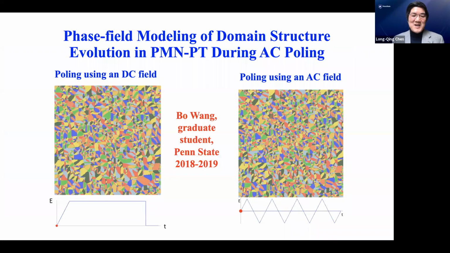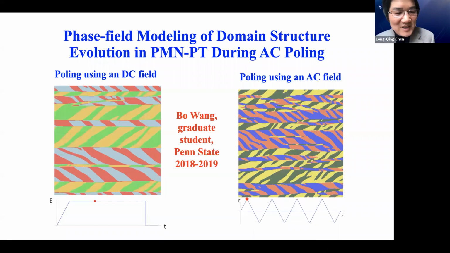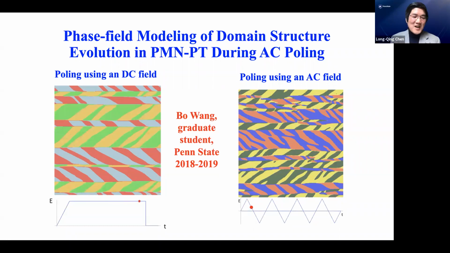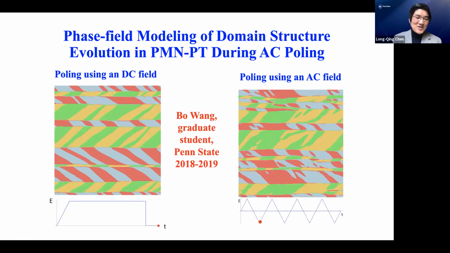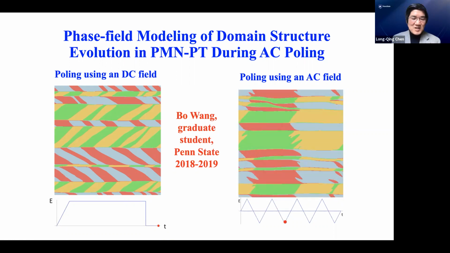or larger. So here are two movies. On the left-hand side is DC poling. Below is showing the electrical field we apply; in this case, you just apply a steady state electrical field. So you see a layer structure with different colors representing domains with different polarization directions in a rhombohedral crystal.